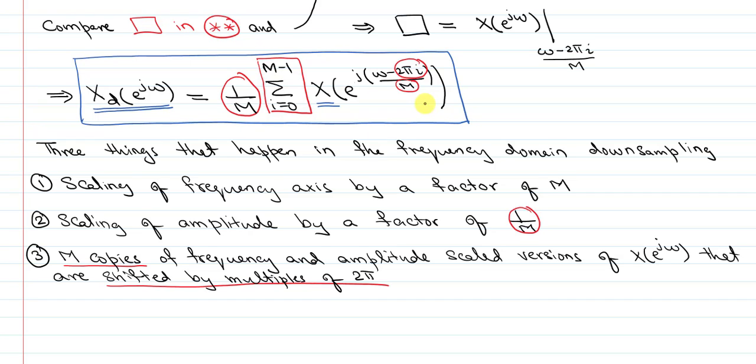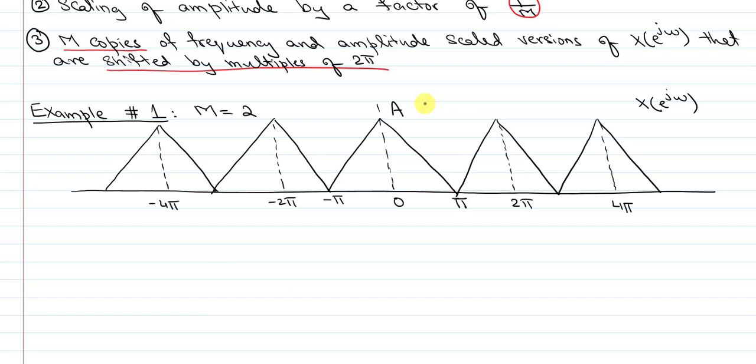Let's take a look at a couple of graphical examples to better understand how this relationship in the box plays a role in the DTFT domain. In this example, we are given a discrete time signal whose DTFT is of this form.